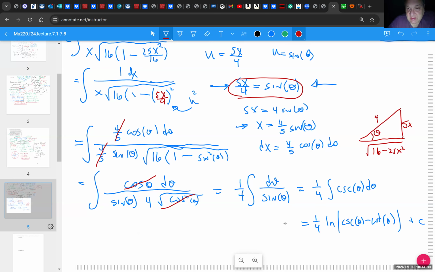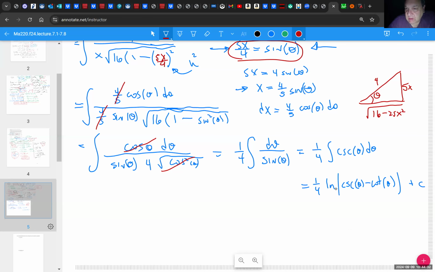All right, so what do we need? We have our answer being 1/4 ln of cosecant. Cosecant is the opposite of sine. So sine is 5x over 4, so this has got to be the reverse of that. It's got to be 4 over 5x. That's cosecant, just the flip of sine.